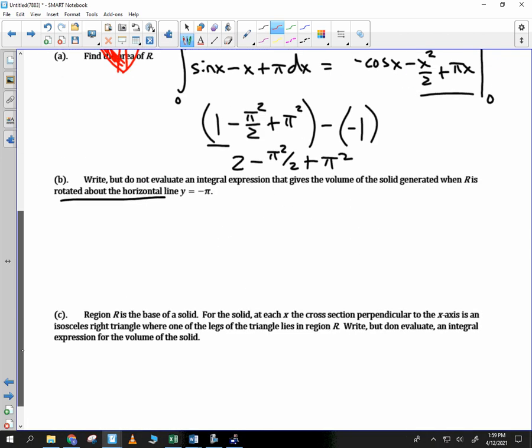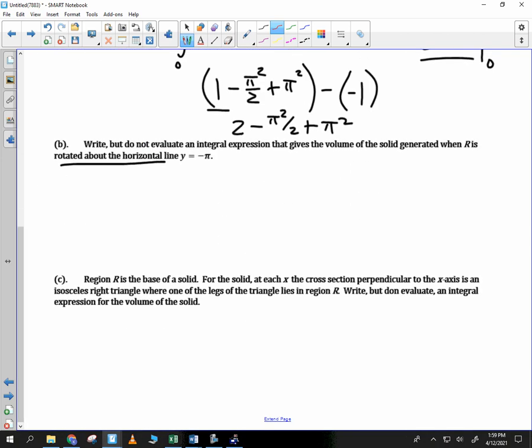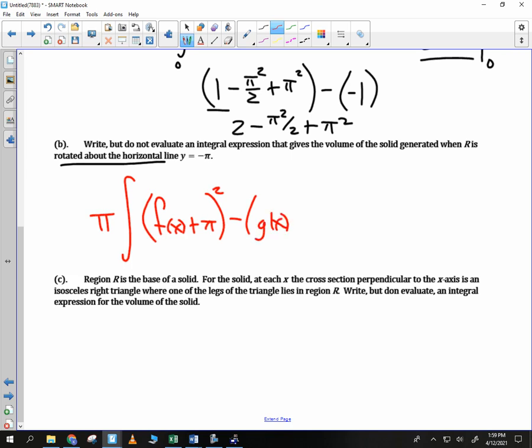And so I think that everybody can understand that it'll be the integral of pi times big R squared, which was f of x plus pi, minus g of x plus pi, dx. And that we will integrate from 0 to pi.